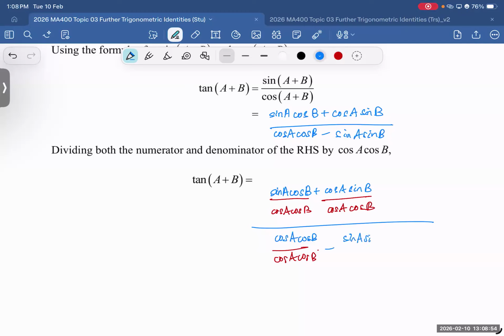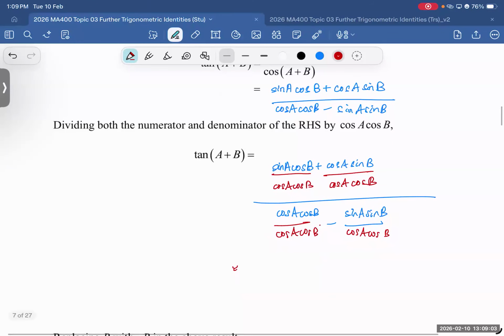Something big. No lah, nothing big. Just a humble formula. Divide everyone by cos A cos B.